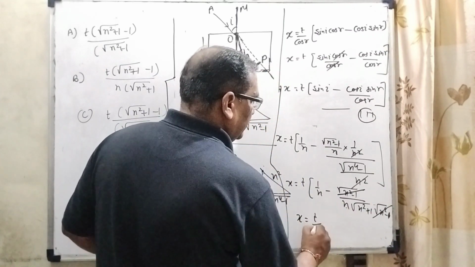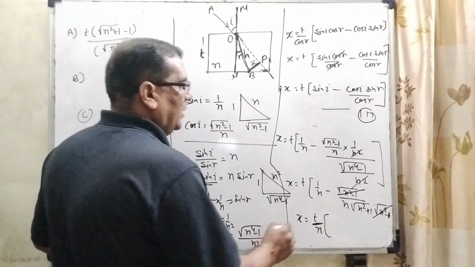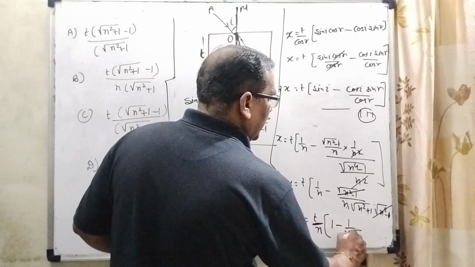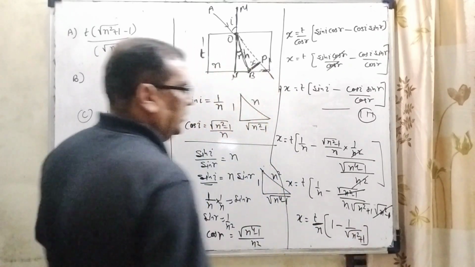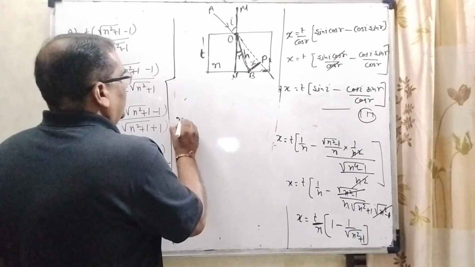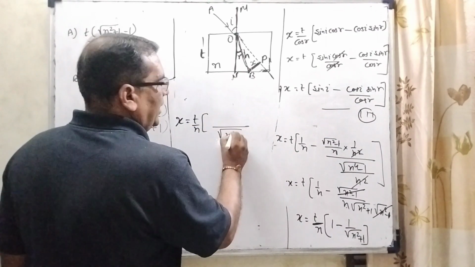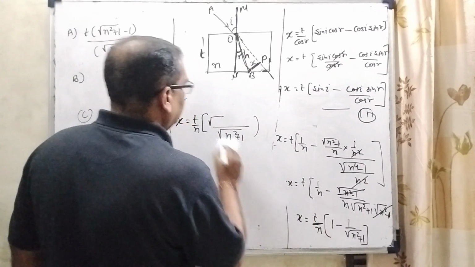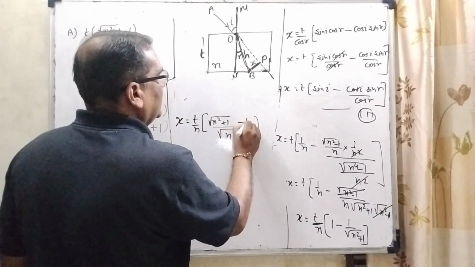This n is common in the denominator and is taken out from the bracket: 1 minus 1 upon root n square plus 1. Now it can be written as t by n, taking the LCM, root n square plus 1 minus 1, upon root n square plus 1.